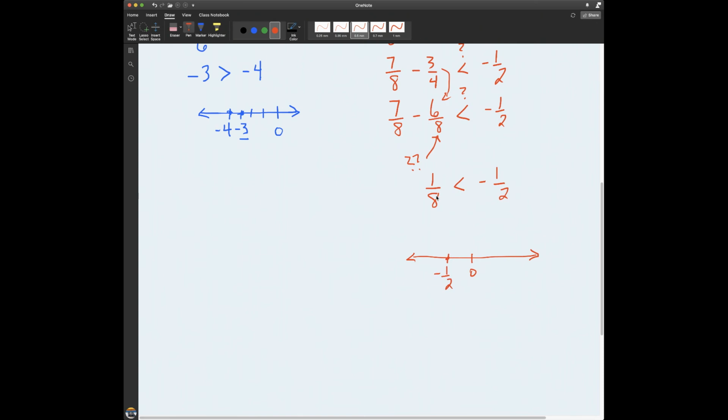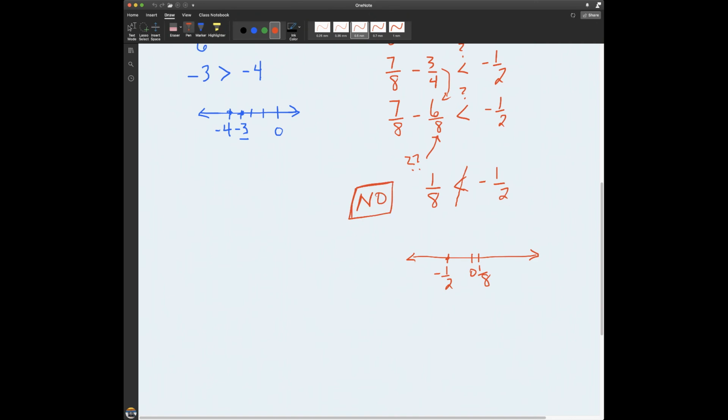This is positive 1/8, so it is somewhere over here on this side of the number line. So is 1/8 less than negative 1/2? No, it's not less than. So I drew a line through the inequality symbol, and that means 1/8 is not less than negative 1/2. And we can just write no.